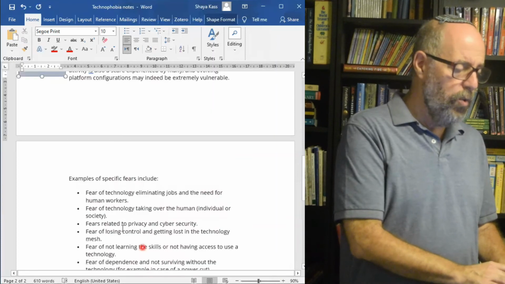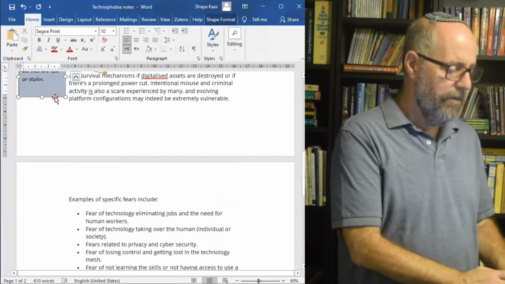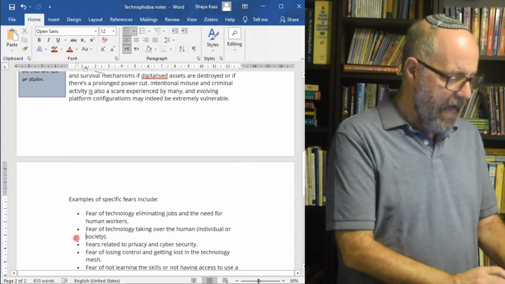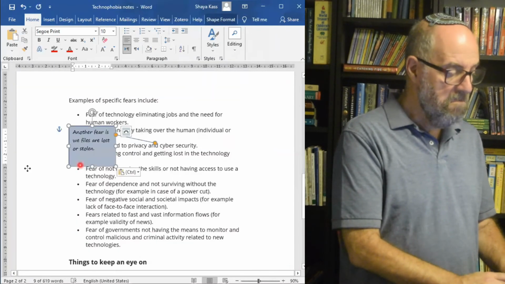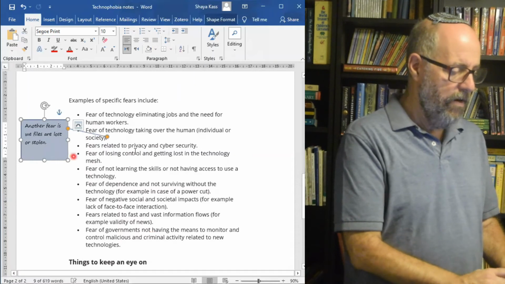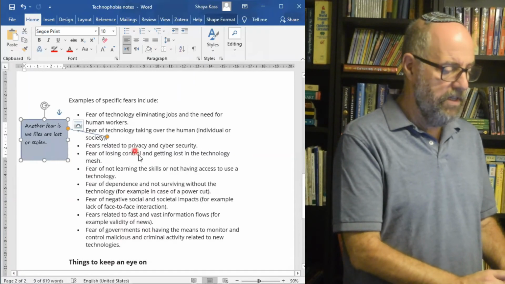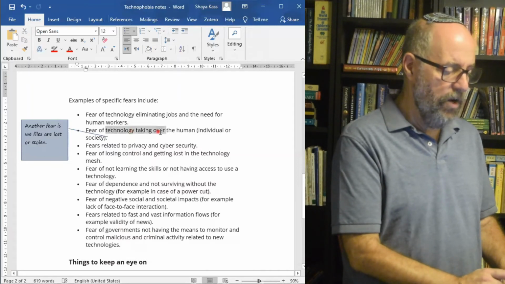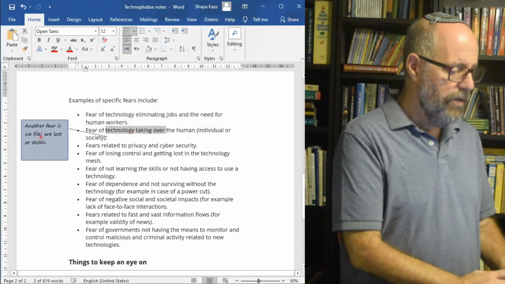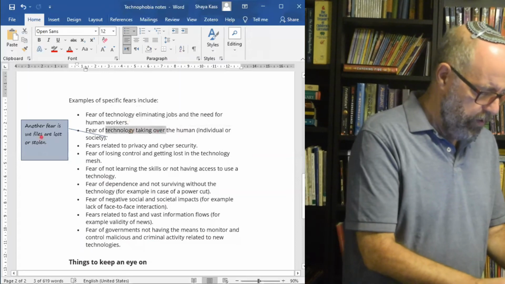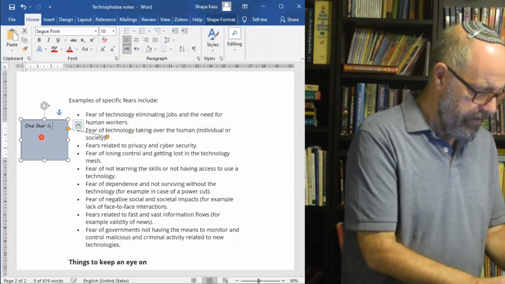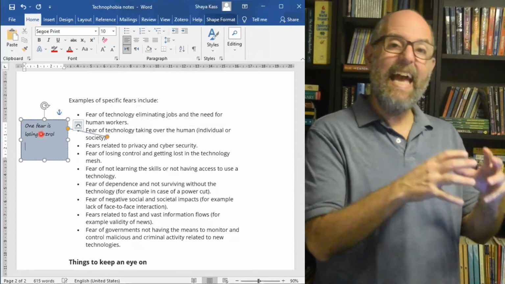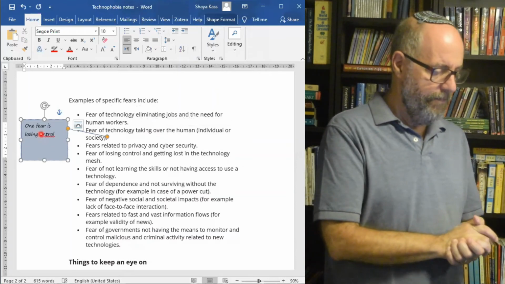So I'm not quite sure what you found here, but when I look at this, I see that first of all, here it says losing control. And here it says technology taking over. So I'm going to say that one fear is losing control. I think that's one of the categories of fears here.